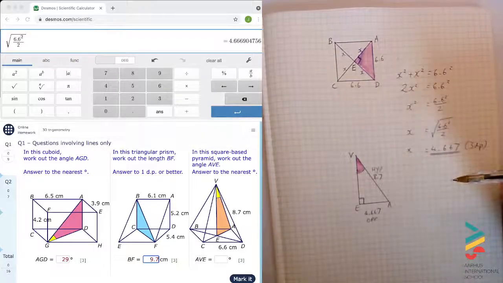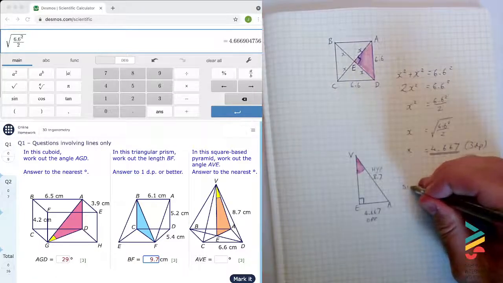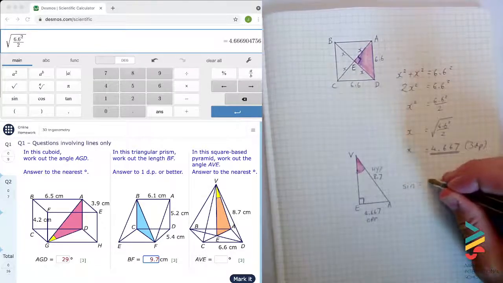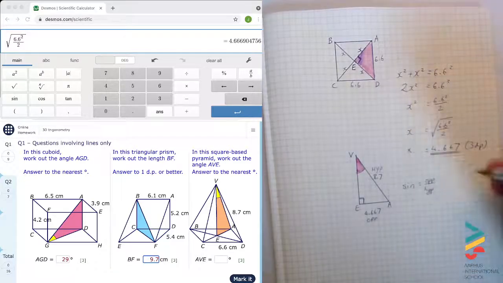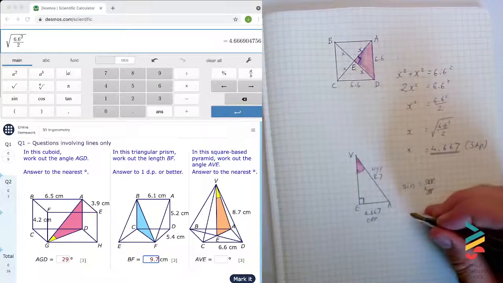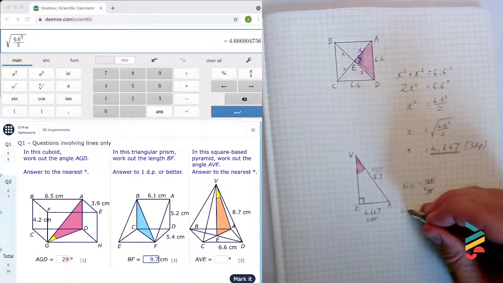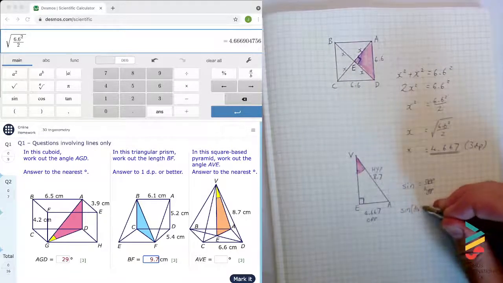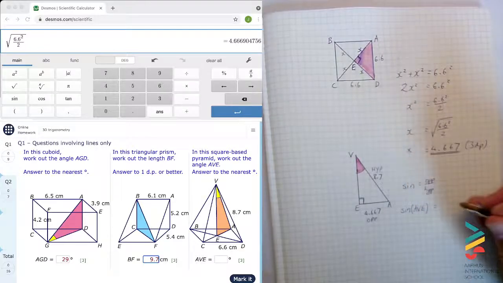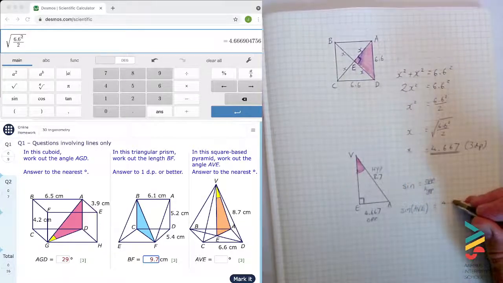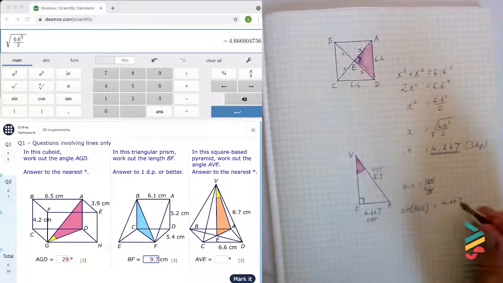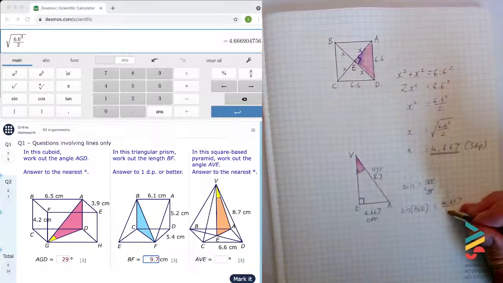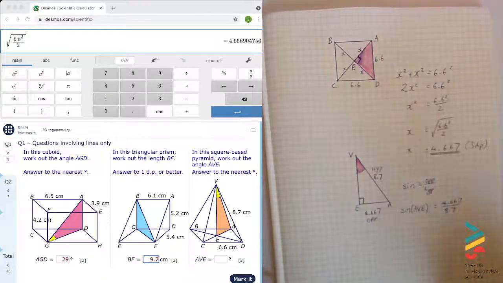So we have got opposite and hypotenuse, and generally speaking, when we've got opposite and hypotenuse, that's sine. Sine equals opposite over hypotenuse. So on this particular occasion, we've got that the sine of the angle that we're trying to figure out, AVE, equals the opposite, which is 4.667, over the hypotenuse, which is 8.7.